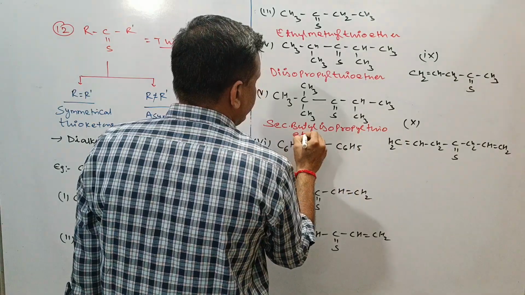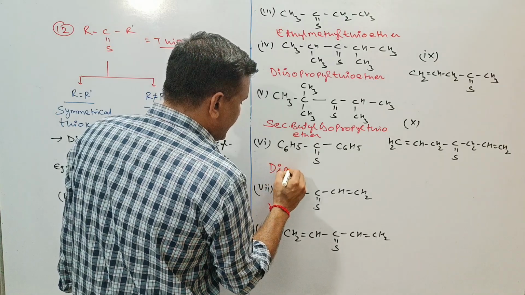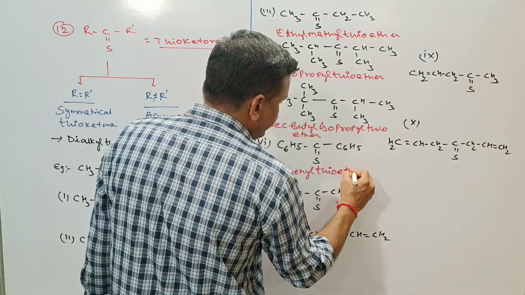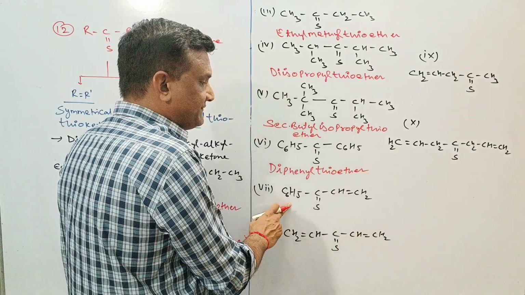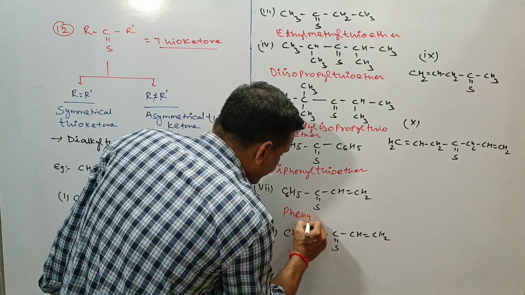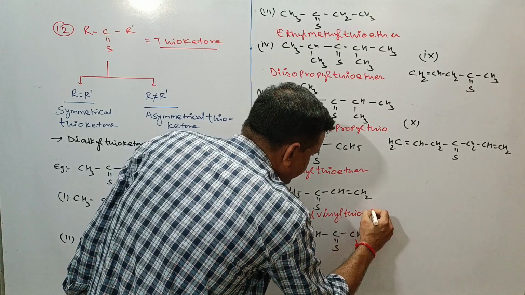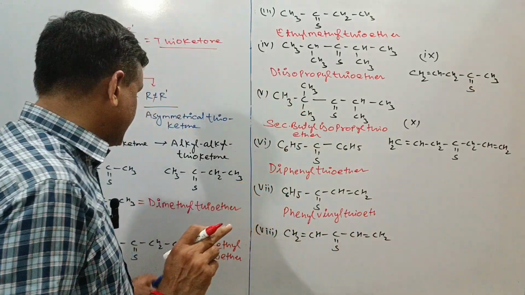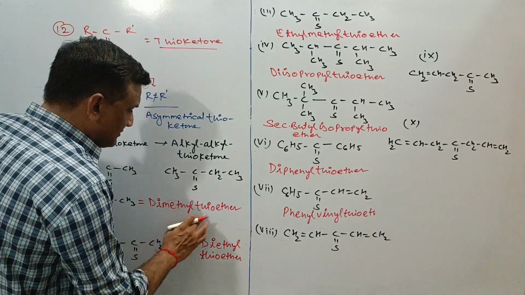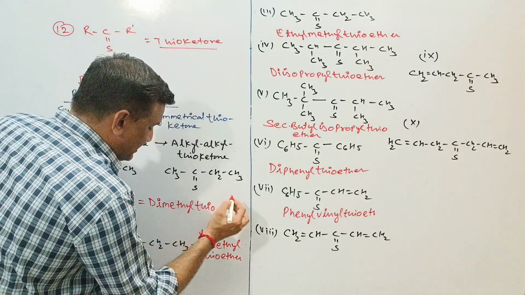This is your diphenyl thioether, this is phenyl and this is vinyl, so this will be phenyl vinyl thioether. Sorry, it's just thioketone because it's a C double bond S, so here we'll use thioketone. If it was just S, then it would be thioether.